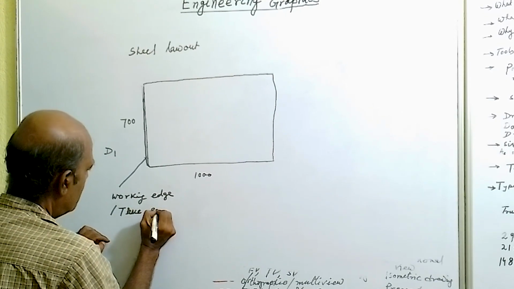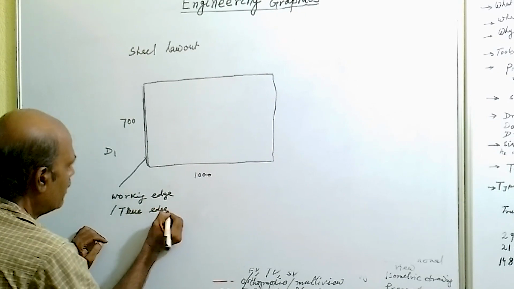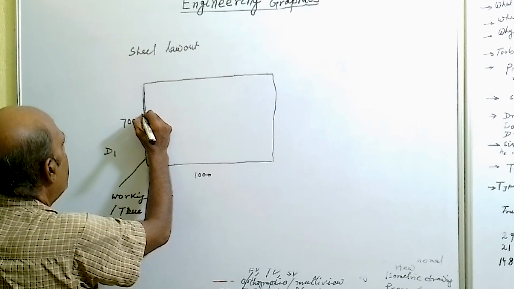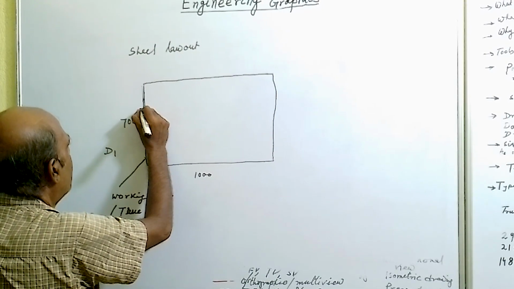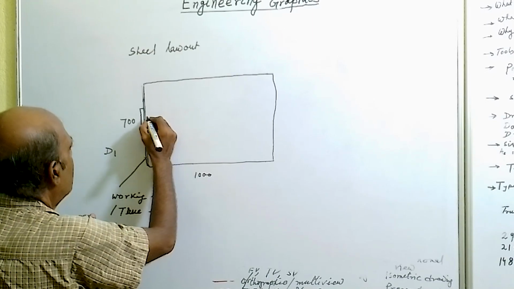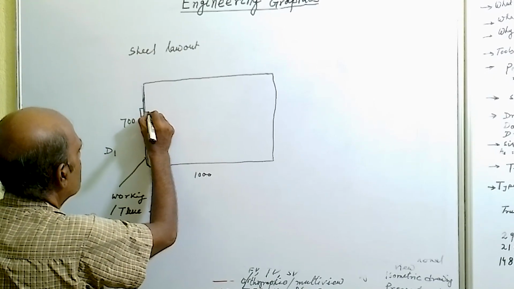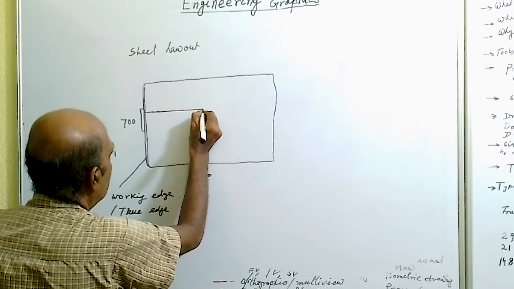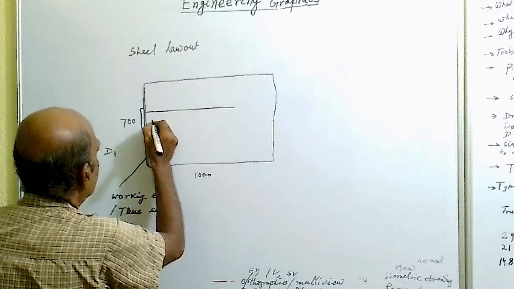So when we place our T square here, the upper edge of this T square will produce a horizontal line.